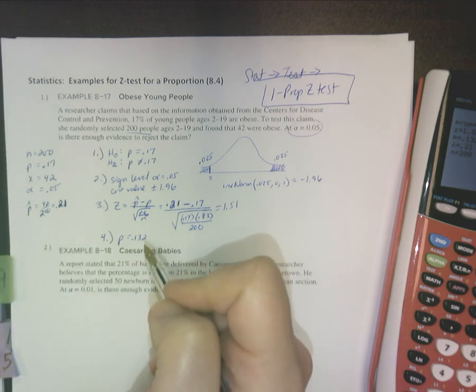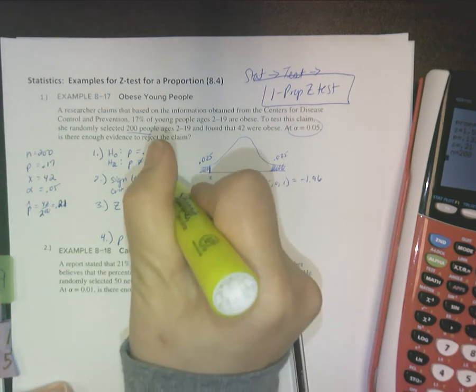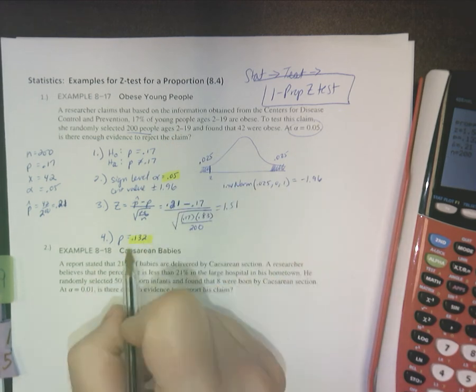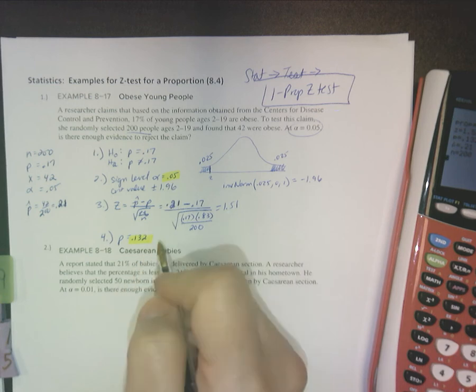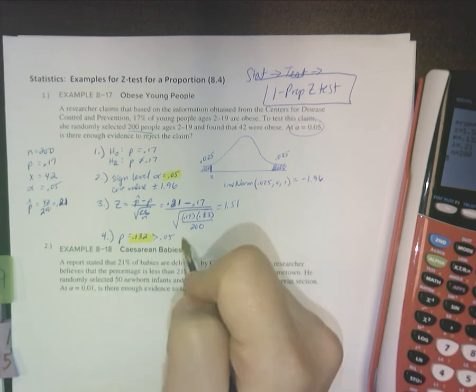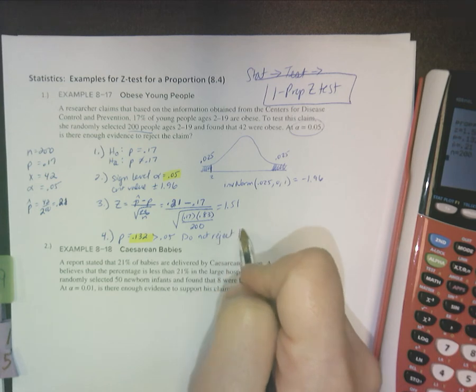Is that greater than or less than 0.05? Well, 0.132 is greater than 0.05. So do we reject or do we not reject? Well, you only reject the H0 if it's low. This is not low, so we do not reject the H0.